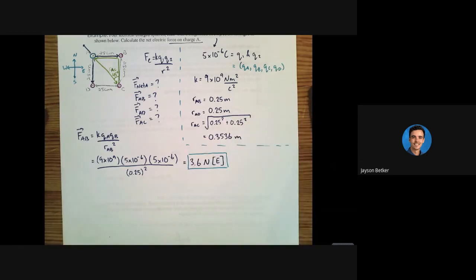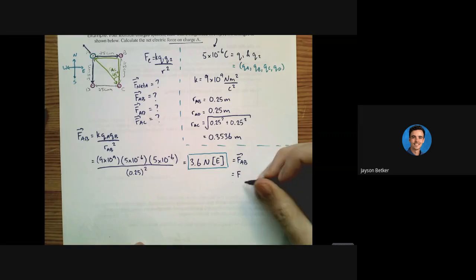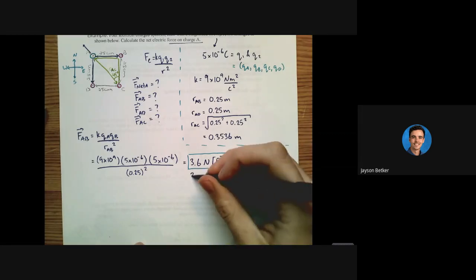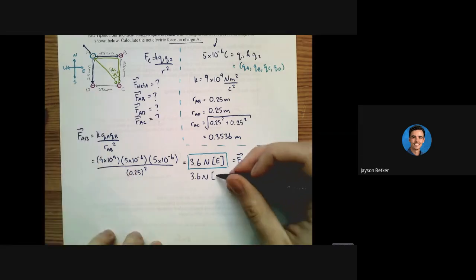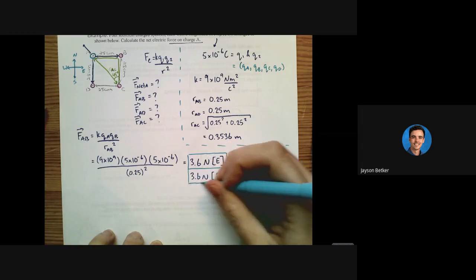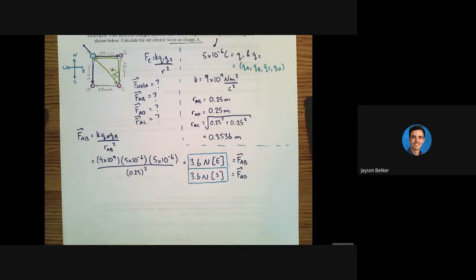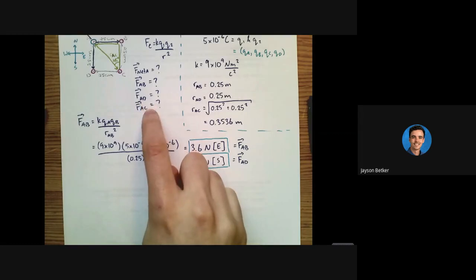Now, the beauty of this is that FAB is the exact same as FAD. The only difference is that it's 3.6 newtons and it's being pulled by D, it's being pulled south. So there's another important piece of information that we get at the exact same time. So we've got two of them. We just need to find FAC.